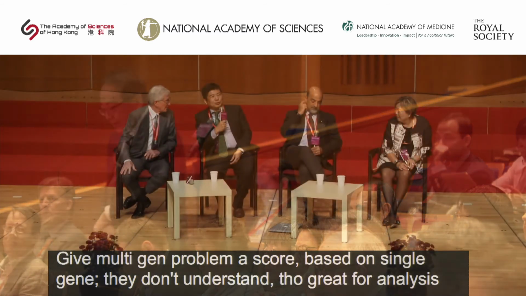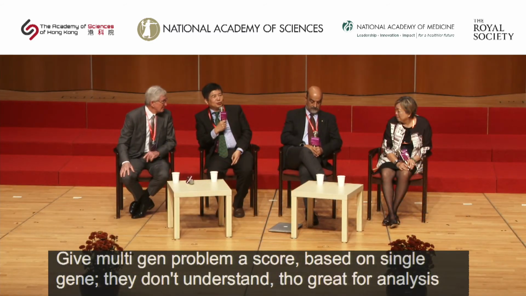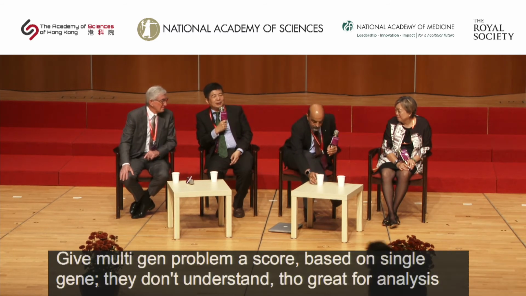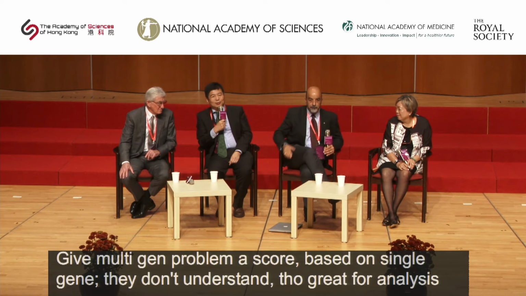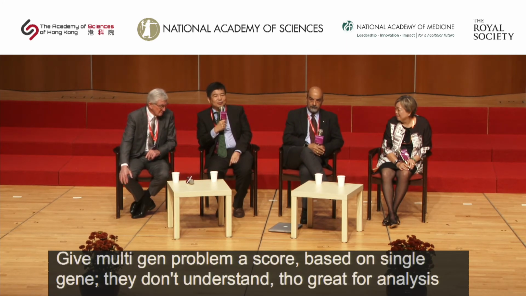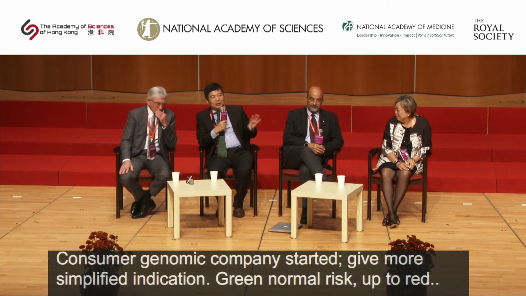Yes. So consumer genomics companies have already started to do this, and they usually give some more simplified indication, just green for normal risk, amber for slightly raised, and red for highly elevated. So you get a profile, green for heart disease and amber for diabetes and so on.